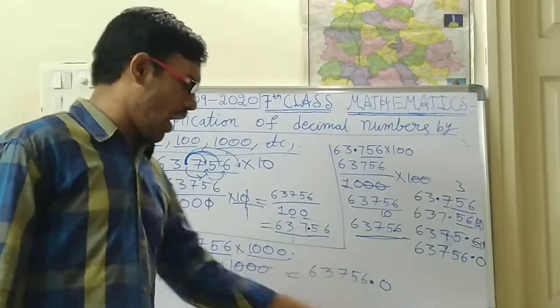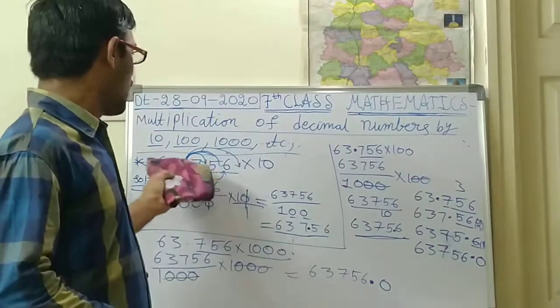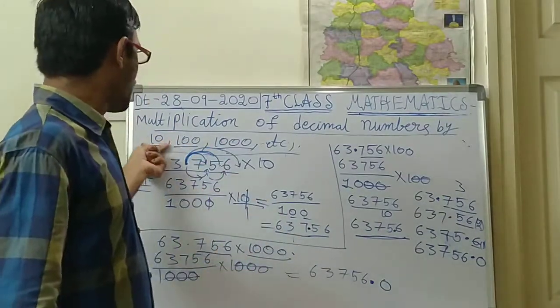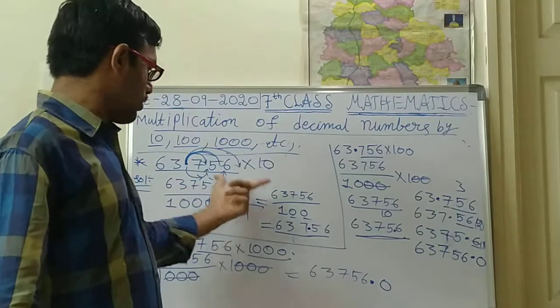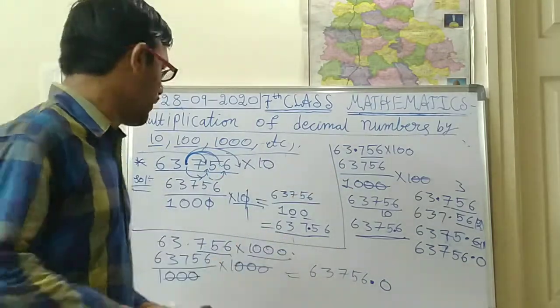Now I will give you some problems as homework to multiply with 10, 100 and 1000. So you also do the same like this only.